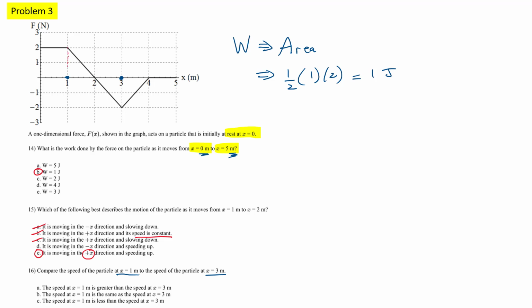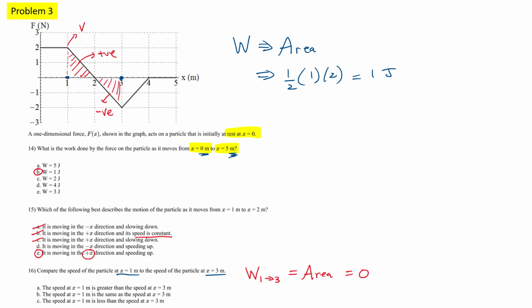Imagine you were right here, moving at some speed v. Now, let's calculate the total work, the area under the curve, going from 1 all the way to 3. You're simply looking at the area of this triangle and the area of this triangle. Here you're going to get a positive area, and here you're going to get an equal and opposite negative area. So how much work is actually done from going from 1 to 3? That represents the total area, and that represents 0.